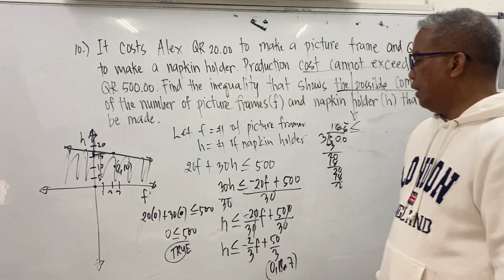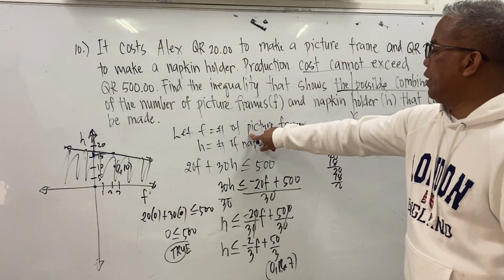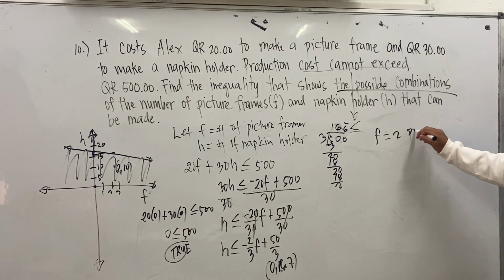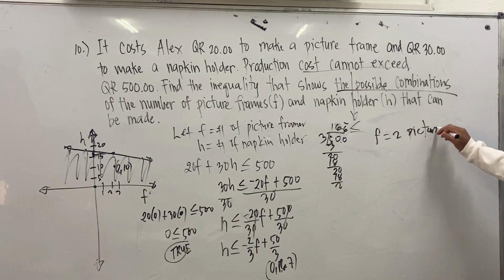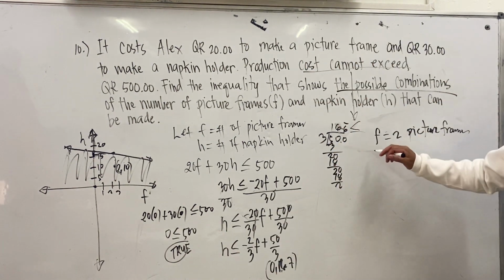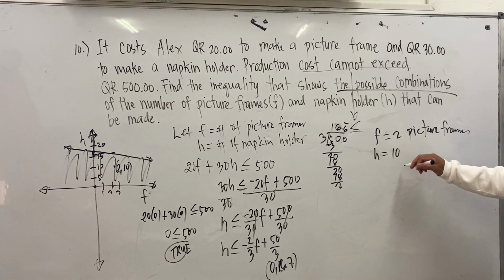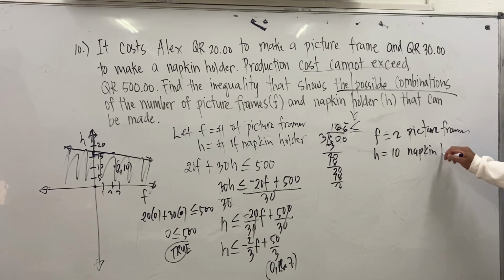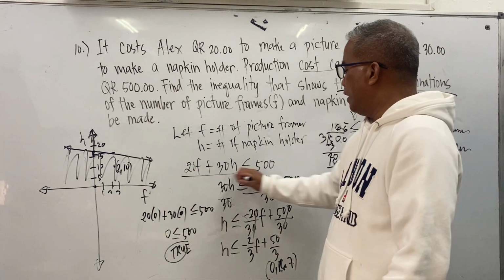So meaning F equals 2 picture frames, then H equals 10 napkin holders. So this is our inequality now.